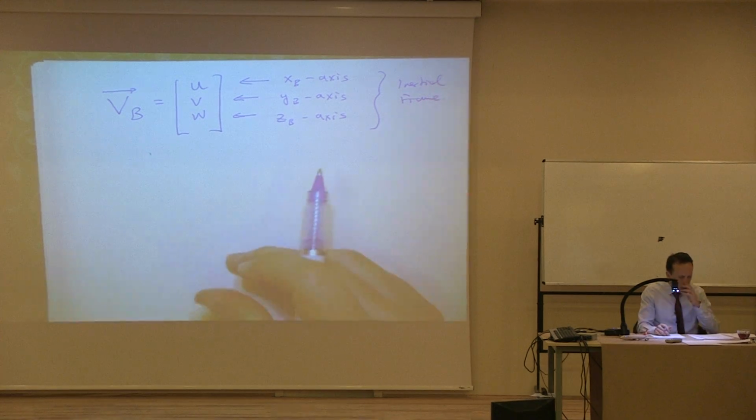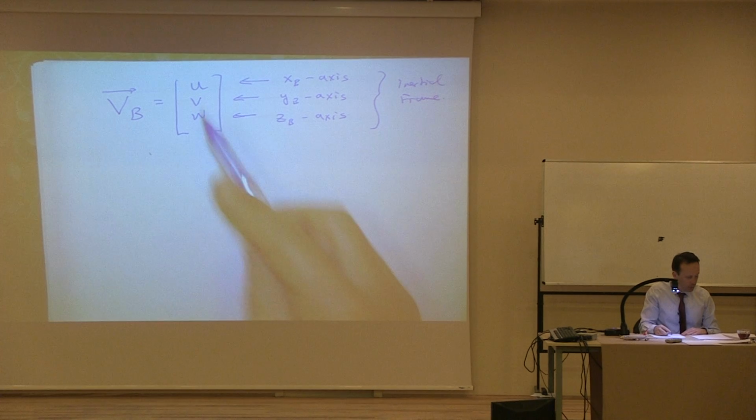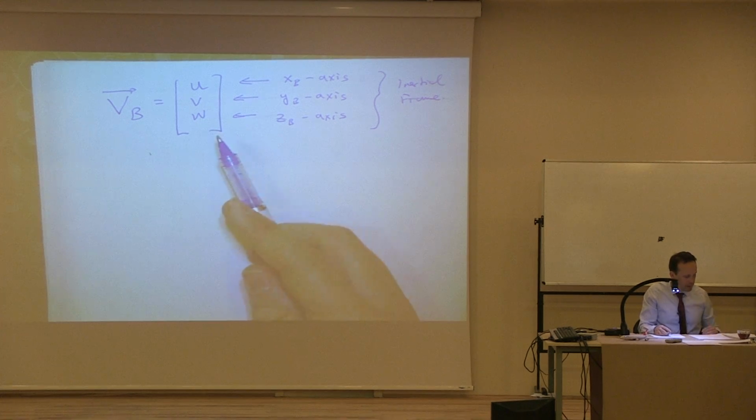So when I say u, v, and w, I immediately mean the velocities of the vehicle written in the body fixed coordinate system, but it is with respect to the inertial frame.